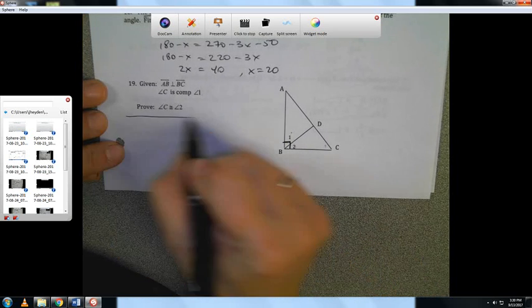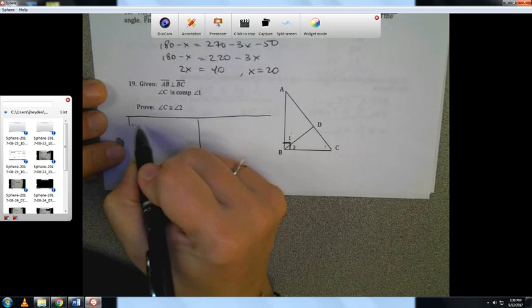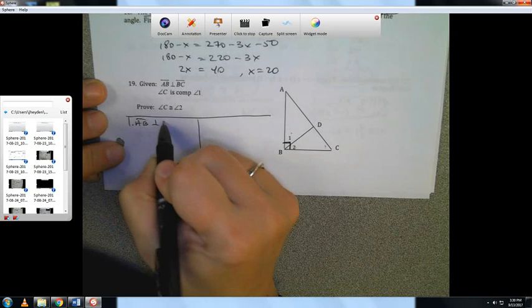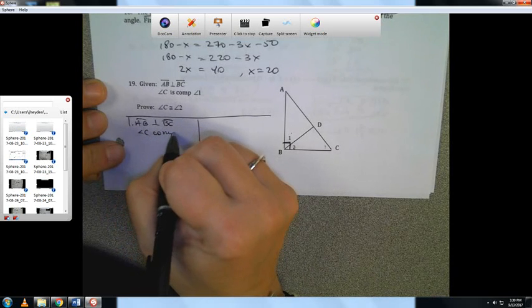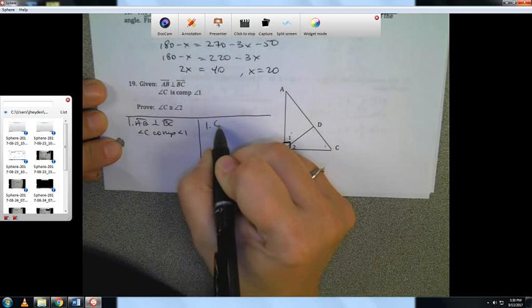Step 1. AB perpendicular to BC and angle C complementary to angle 1, given. 2.